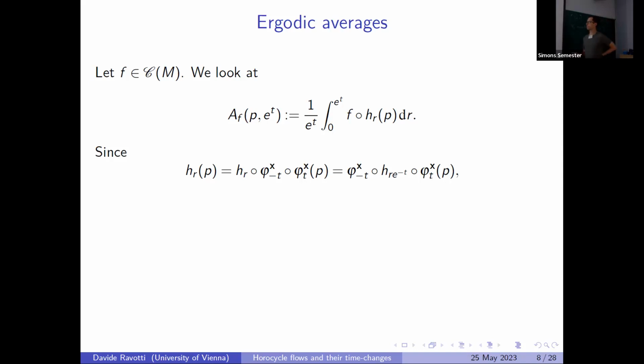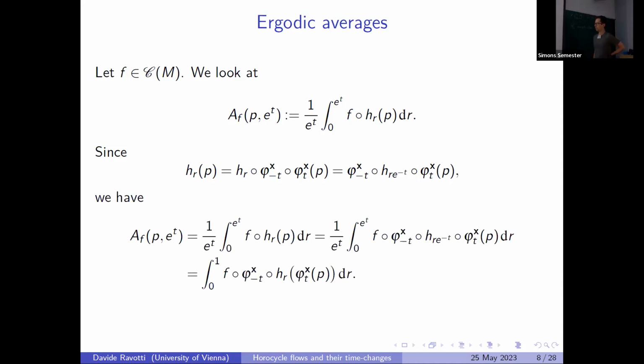I'm not doing anything so far, but now I want to commute these two. So I use my commutation relation, and I can take this phi to the minus t on the left. Here I have phi to the minus t, and then I have the horocycle flow at time r e to the minus t at the point phi t of x. I just use the commutation relation.